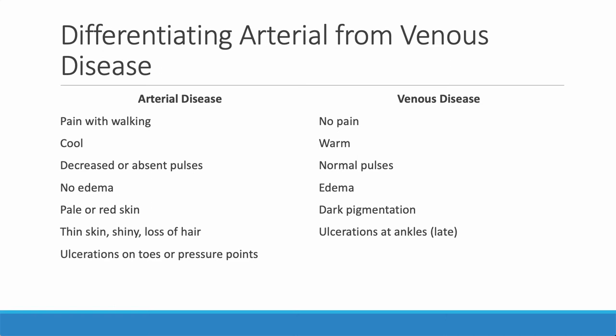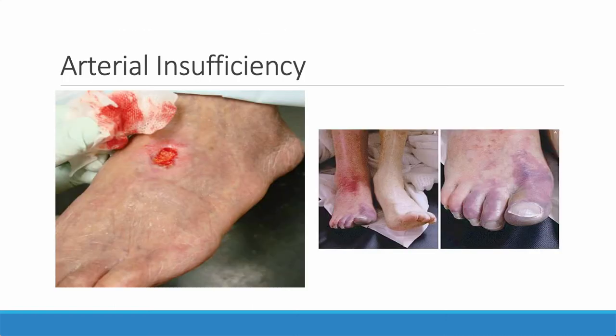Often the skin is pale or even red, that rubor that occurs with chronic arterial insufficiency. Remember that the extremities are usually thin. They usually have thin skin, shiny, hairless, and then there may be ulcerations at pressure points.